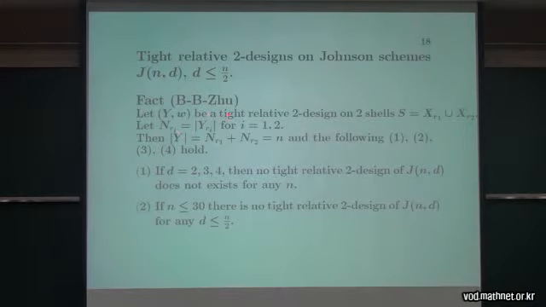If (Y,w) is a tight relative 2-design on 2 shells, then because of the rank of E_i, the cardinality of Y has to be this. If d is 2, 3, 4, then there are no tight relative 2-designs of J(n,d) for any n. We can prove this. And if n is less than or equal to 30, then there is no tight relative 2-design for any d less than n over 2.